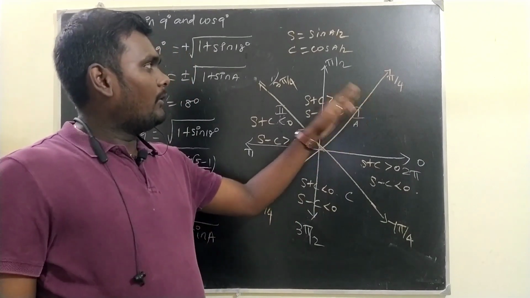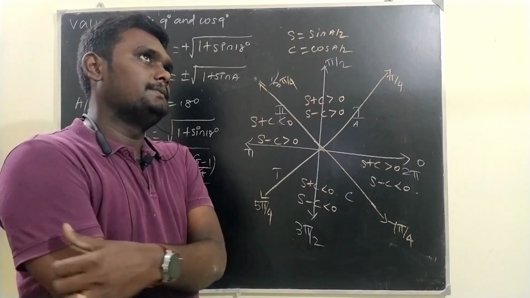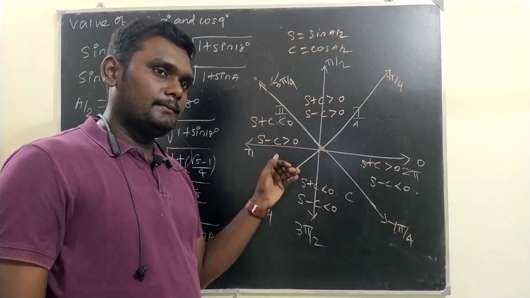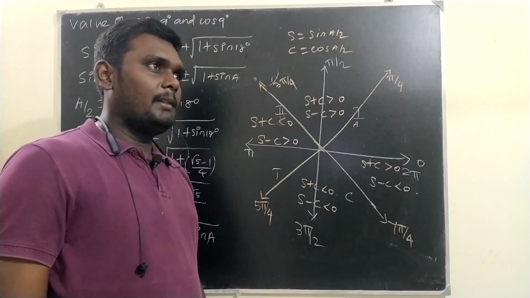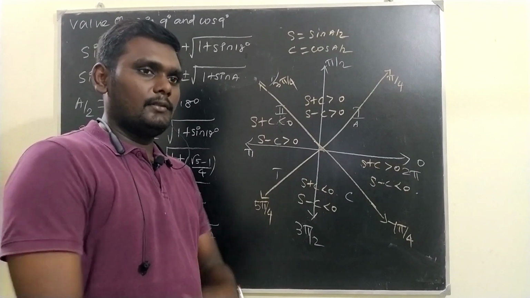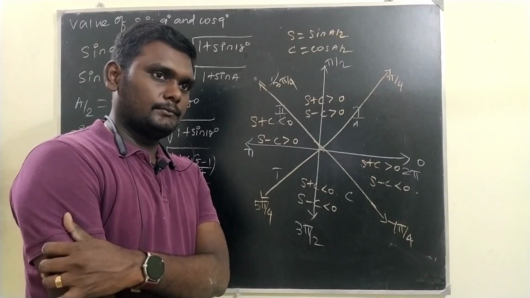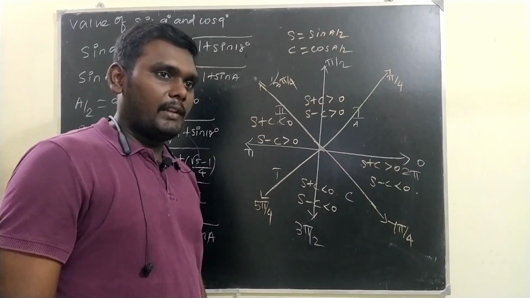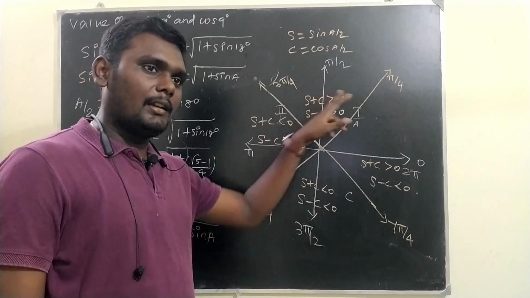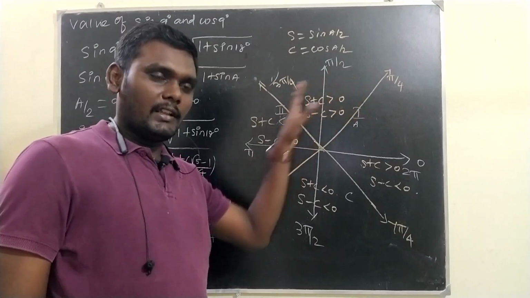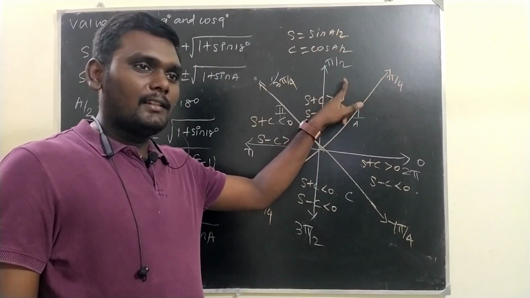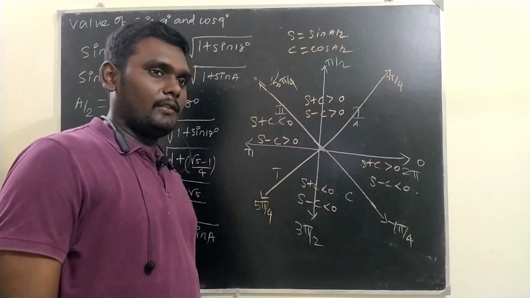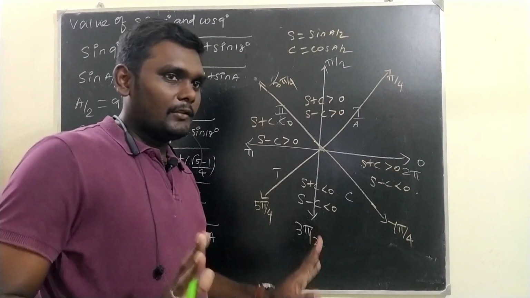Suppose above 45, 60 is there, and then 60 plus 15, 75 if you want to find. Suppose I am saying 150. Suppose the value comes like that, we will use this diagram. Suppose that angle lies in this part, we use accordingly. Both become positive, the positive result we use. Okay. That is the use of this diagram.